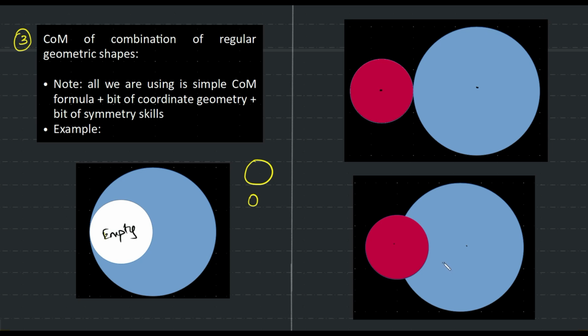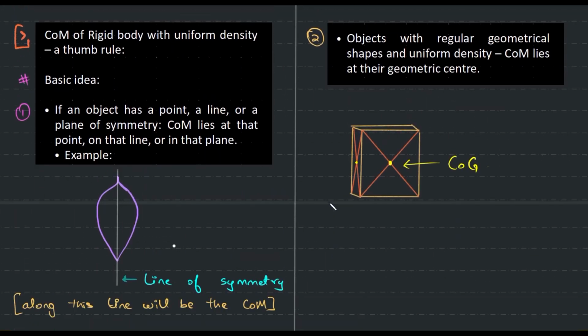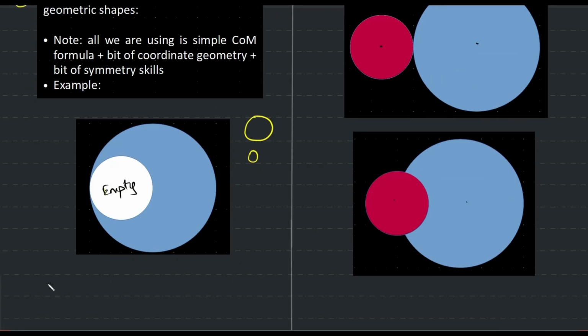You'll be able to figure out the center of mass of such structures as well, by using a small set of tricks. All we are using over here is the simple center of mass formula, a bit of coordinate geometry, and a bit of symmetry skills. So how do you solve it? I'll give an example in the next video, but you should know that all of this can be found using a simple set of rules.